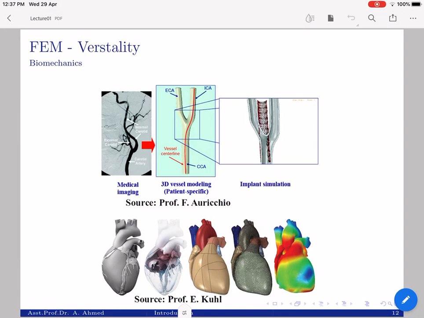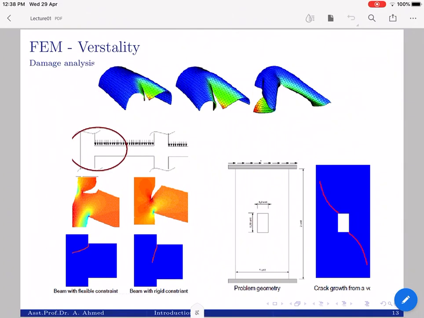Similarly, you can also analyze different body parts of the human being, or you can look into the growth of cancerous cells in human bodies using the finite element method. Similarly, if you look into civil engineering problems, you may also analyze the damage growth or the crack growth problems in civil engineering as well.